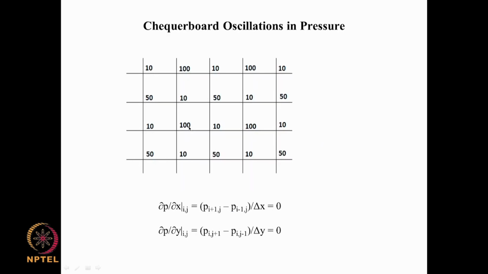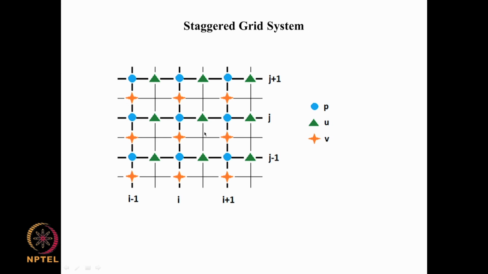So, as in this example, you have 100 here and 10 here, then the pressure gradient is not 0, because the pressure gradient is 100 minus 10 divided by this distance. So, that will be minus 90 by this delta x, and the pressure gradient at this point will be 10 minus 100 divided by delta x here.